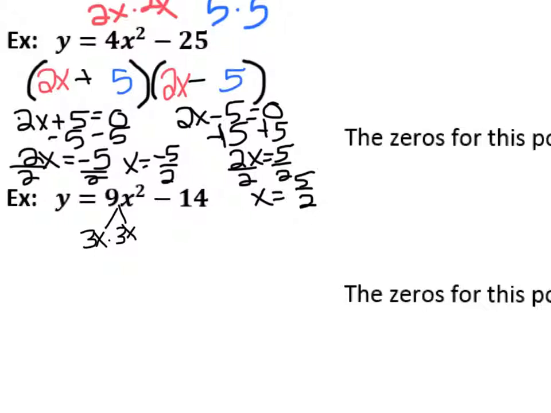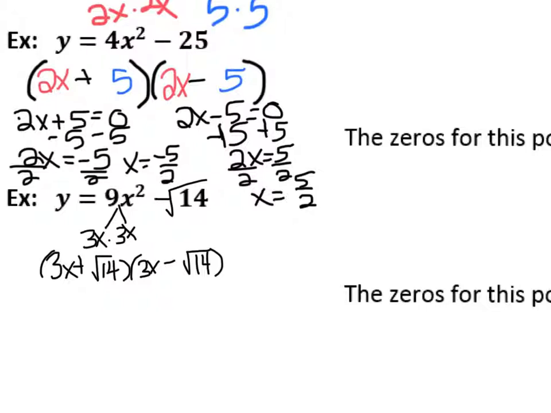but the 14, we can't actually take the square root of it, so we're just going to leave it as the square root. So when I do my two parentheses here, we know there's a 3x in each. Since 14 can't actually be broken apart, we just write the square root of 14. And then, since it's a difference of squares, it has that minus sign. We put a plus and a minus.